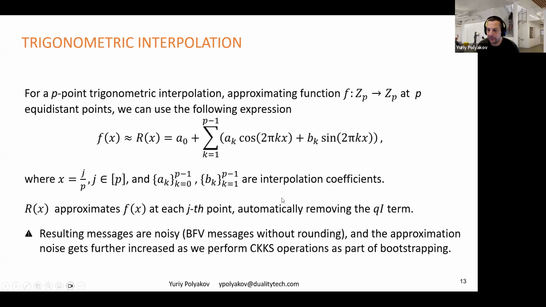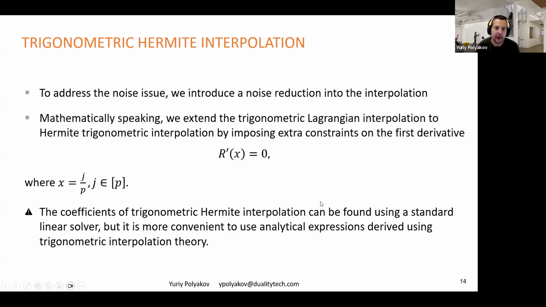So we need a mechanism to control this noise, to make sure that this noise, which will increase with CKKS computations, does not reach the message space and does not affect the message itself. To address the noise issue, we introduce a noise reduction in the interpolation. Noise reduction in this case means putting an additional constraint, or set of constraints, on the first derivative at each of those points.